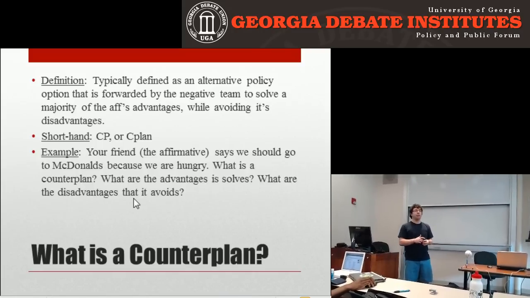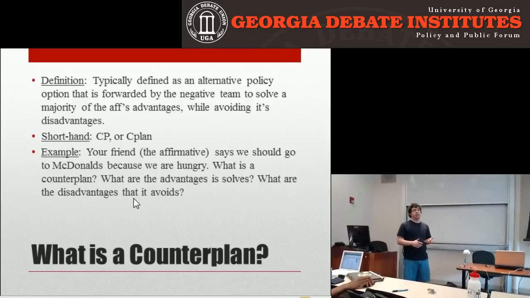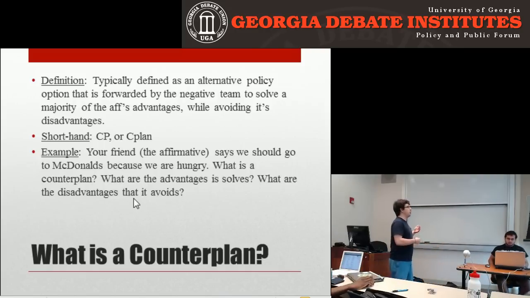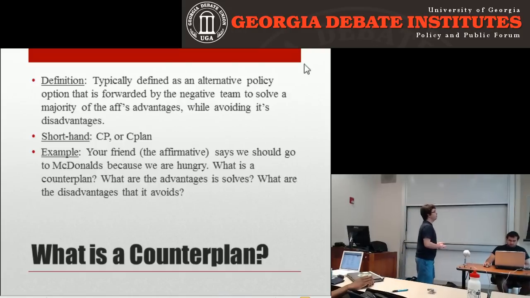If you're arguing for the policy to go to McDonald's with the advantage that it resolves your hunger, why is McDonald's unique to resolving your hunger? And it's not. You can read a counterplan to show that the connection between McDonald's and fulfilling your hunger is not unique.